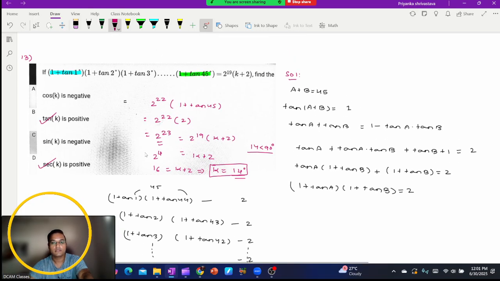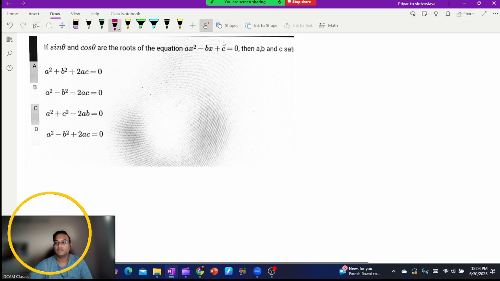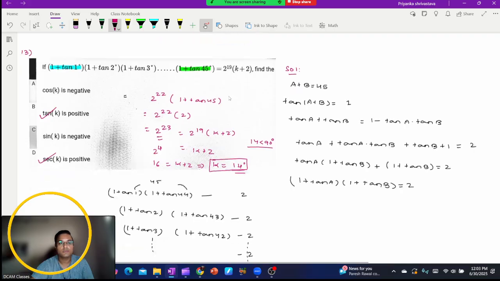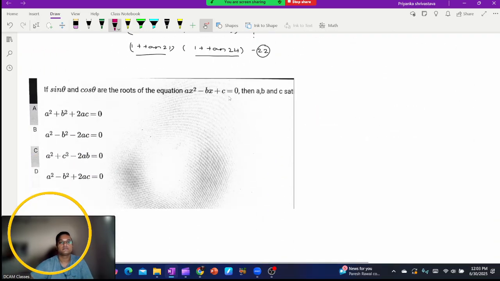Let's solve the next question. Now this next question is supposed to be question number 14. Sin theta and cos theta are the roots of this equation.